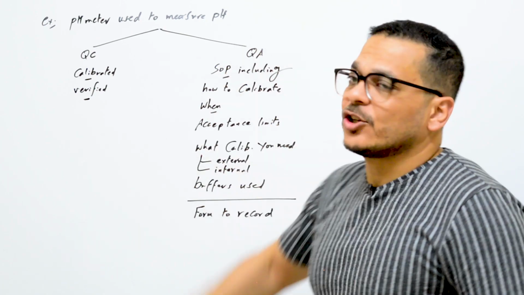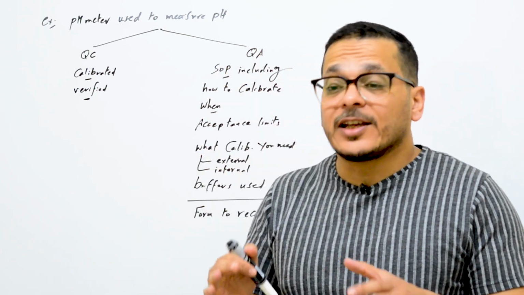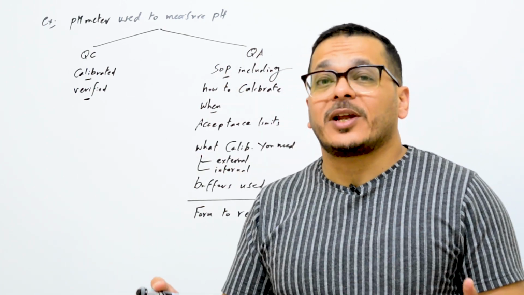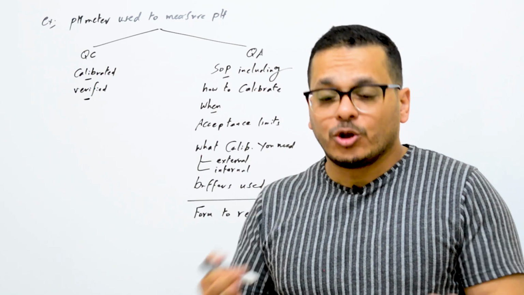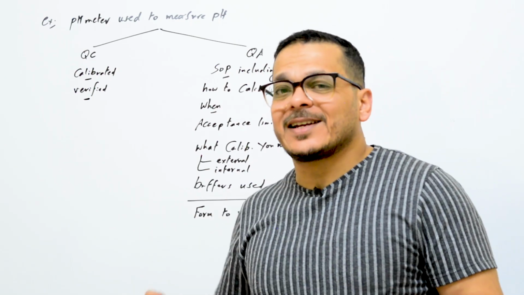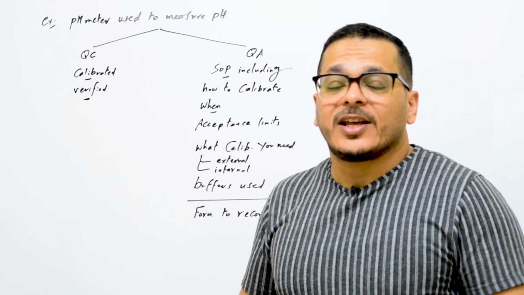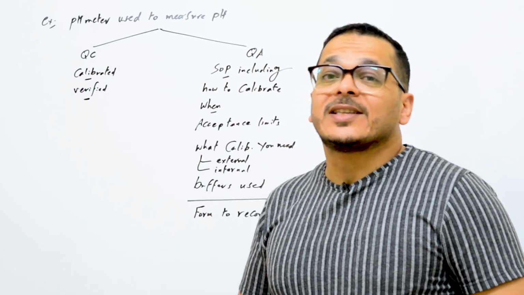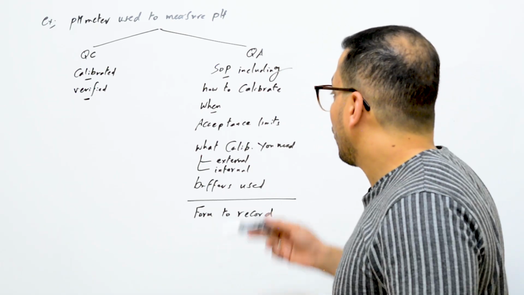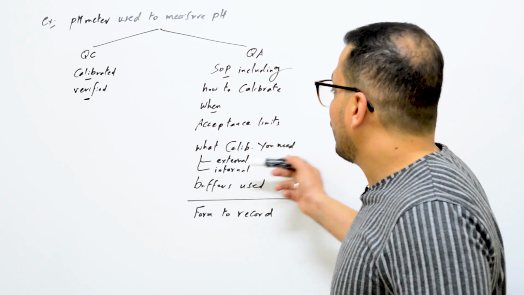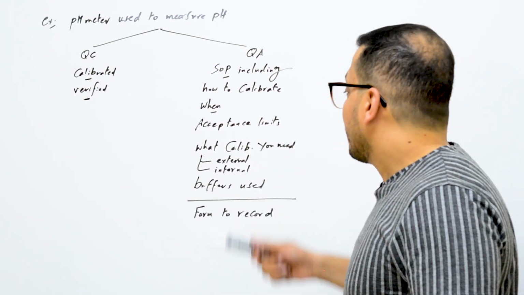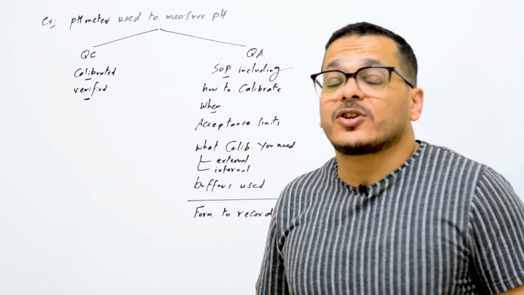And quality assurance includes the procedure: how to calibrate, when you need to calibrate, whether you need internal or external calibration, how to run or measure the samples using this equipment, and also which buffers you need to use.